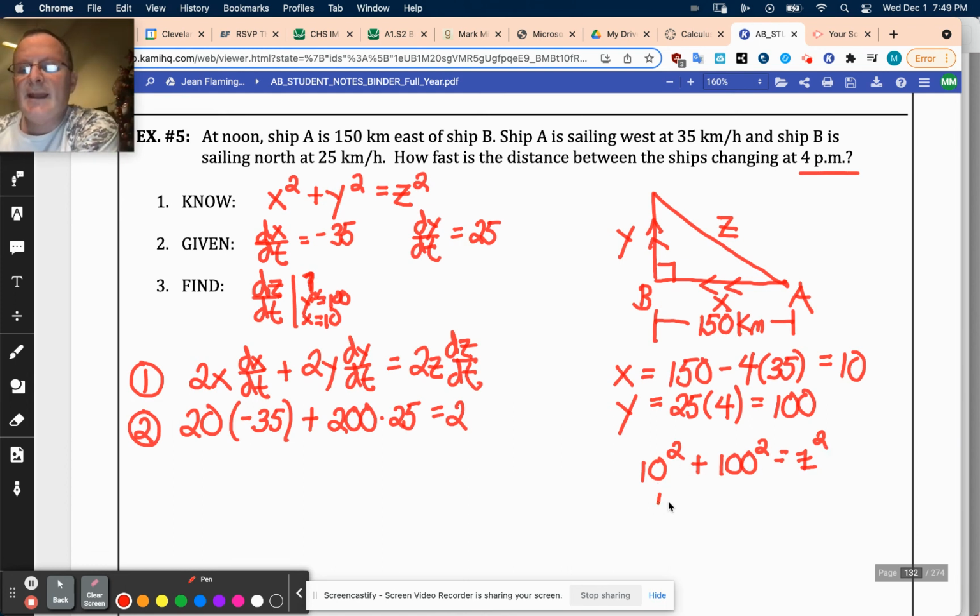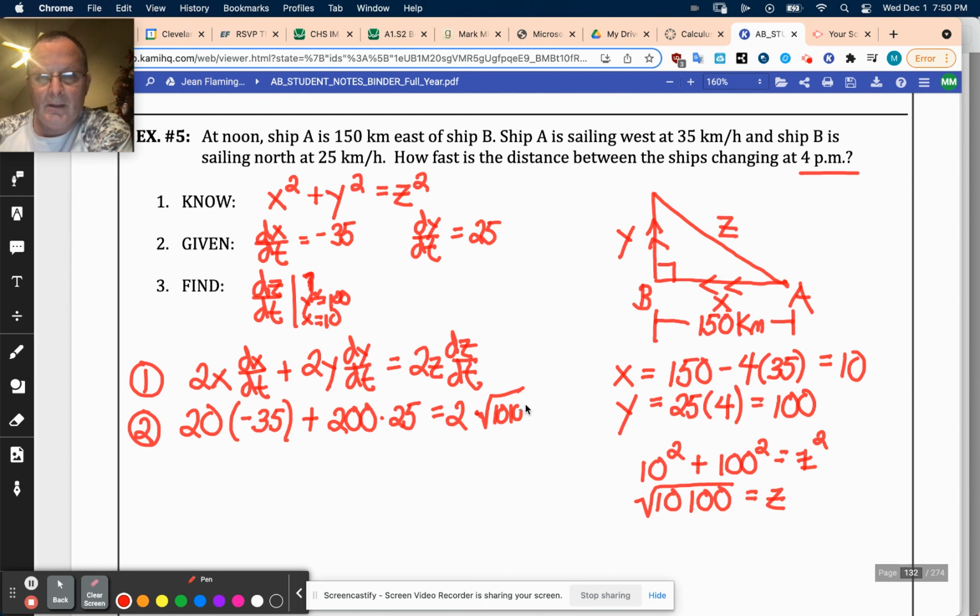So we've got 10,100, and the square root of that. And I'm just going to leave it like that. All right, so that's equal to z. Okay, cool. So I've got 2 of the square root of 10,100, and I'm looking for dz/dt. This one is really cool.